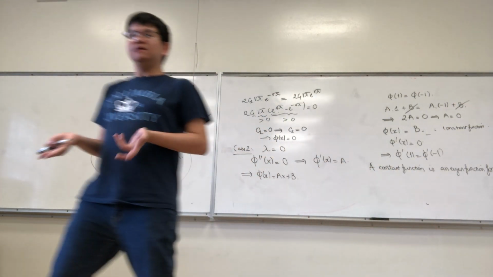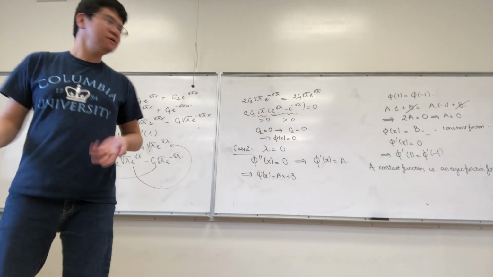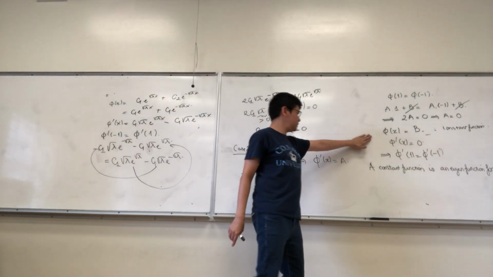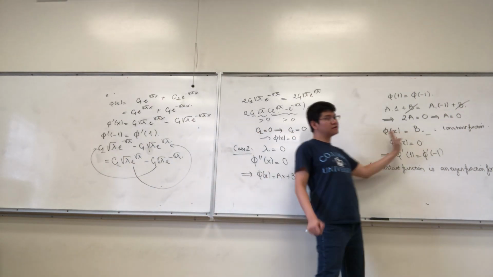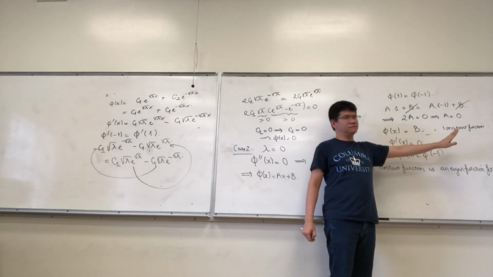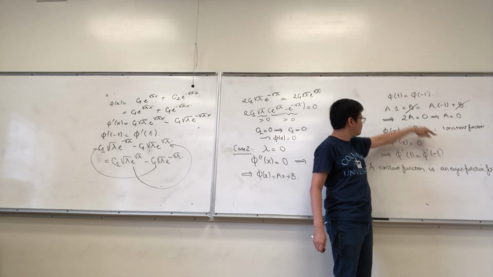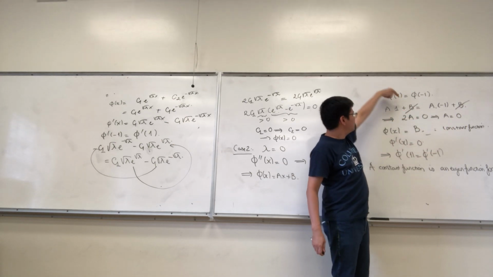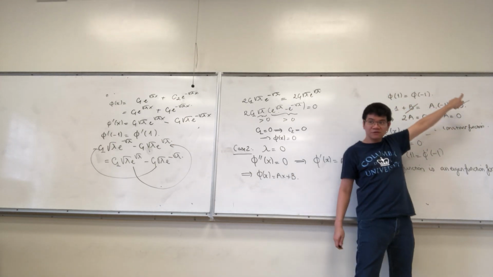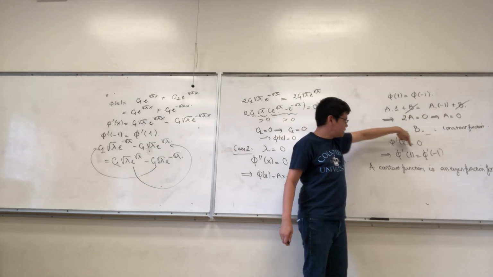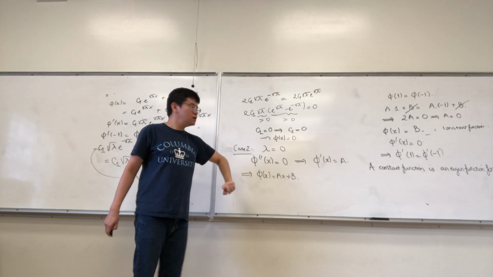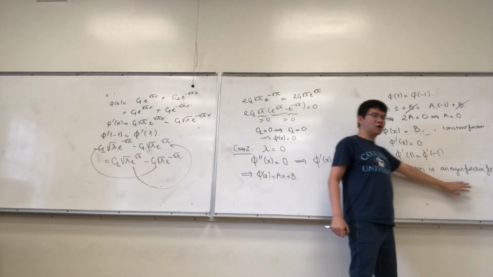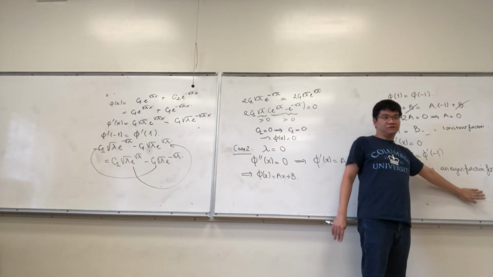So in this case, any b satisfies the two boundary conditions, right? If you take a constant function and give the value 1 to b, then you immediately have phi(1) is phi(-1), and phi prime at 1 is phi prime at -1, and the second derivative of phi is 0. So all constant functions are eigenfunctions.